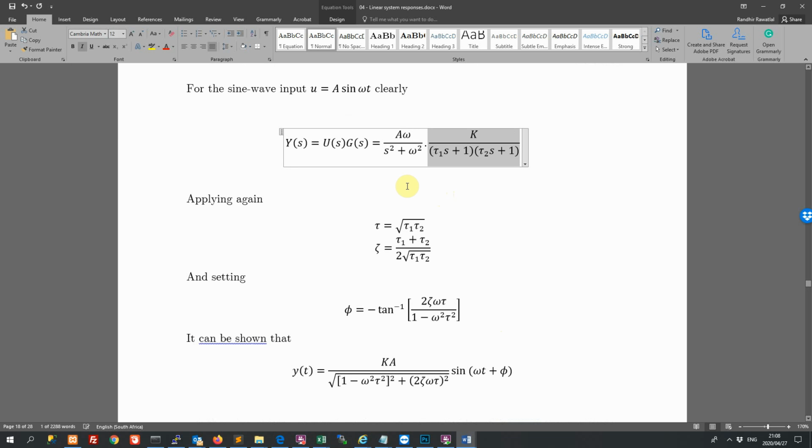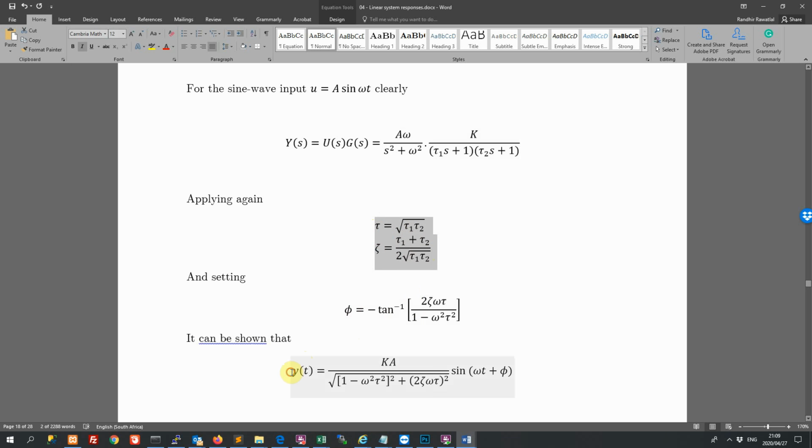Anyway, I'm not showing the whole transformation in this case. But we apply again these variables. So tau is the square root of tau 1 tau 2, and zeta is this lump. And our phi, again, that arctan function, so that's all the same.